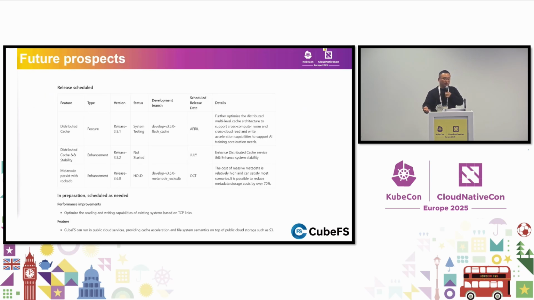Last year, the community released several versions, including 4 official versions and 3 beta versions. This year, CubeFS already released the data tiering version. And we will officially release another 3 versions.